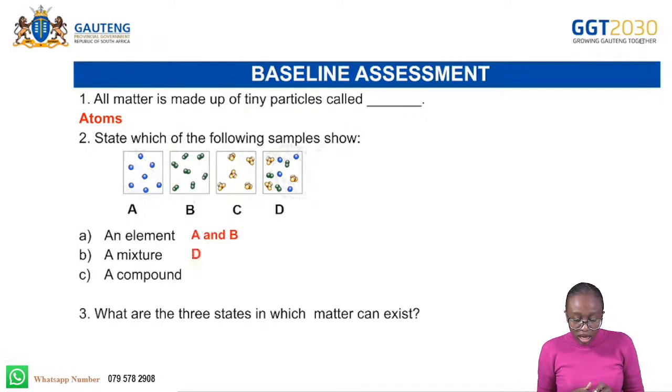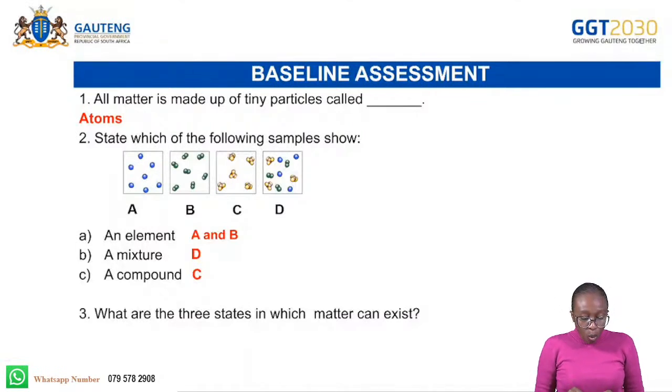As you can see, all these atoms of elements are not chemically bonded together. There is no fixed ratio as well. What about a compound? C is the one that is showing us a compound, where we have atoms belonging to different elements chemically bonded together in a fixed ratio.